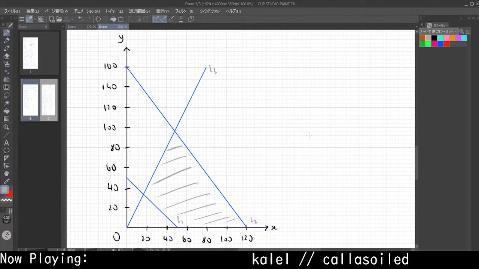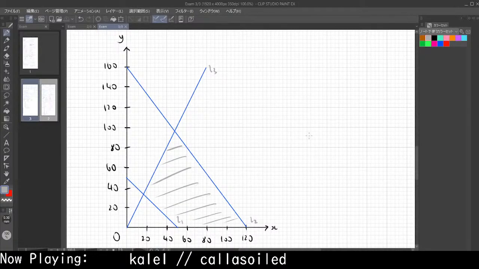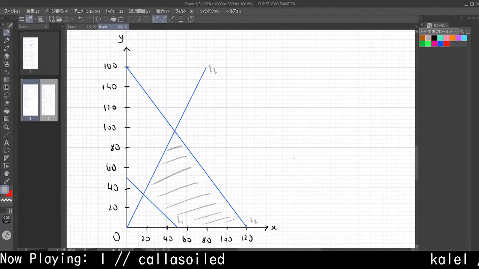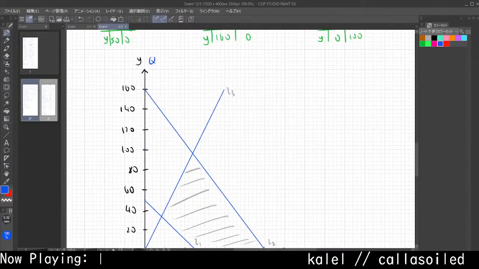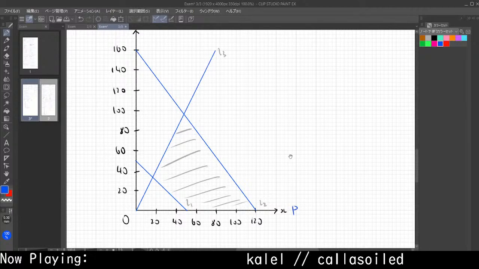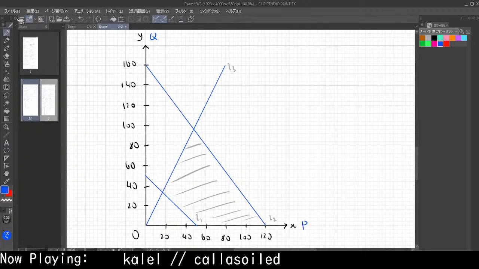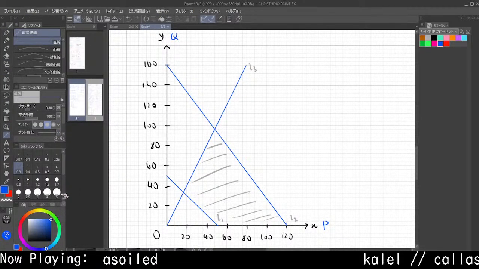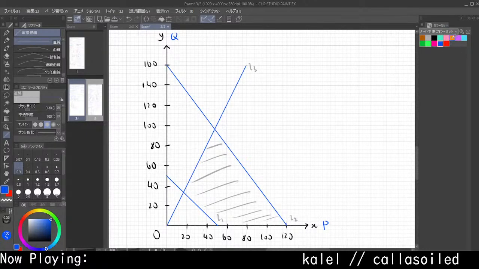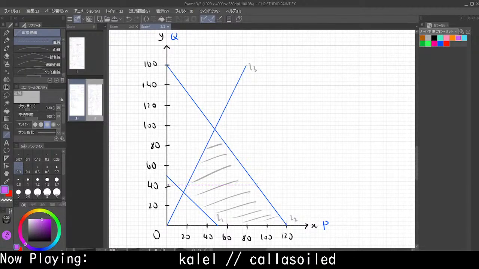Okay, let's finish this quickly. So lastly, we have that using a graph, determine the maximum number of components of P produced if 40 components of Q are produced. So Q in this case will be your Y. So this is effectively your Q, and this is effectively your P. So 40 of Q is produced. So we start from 40, we draw a dotted line from here all the way until we reach the edge of the region, which is here.